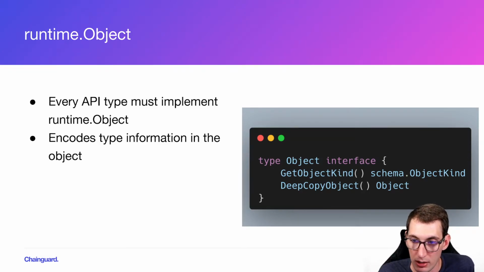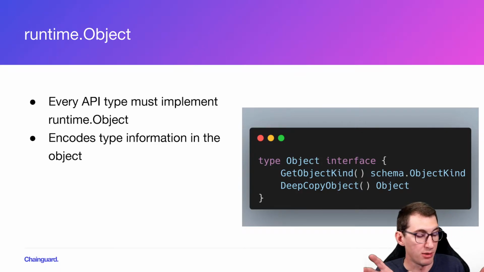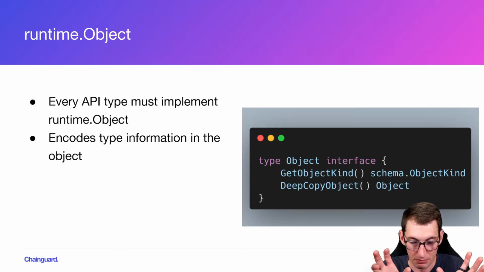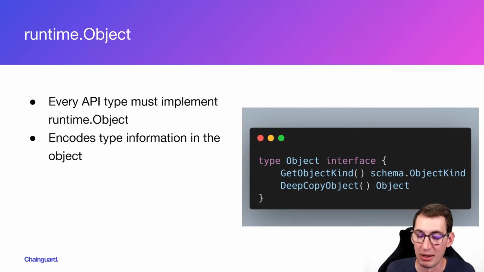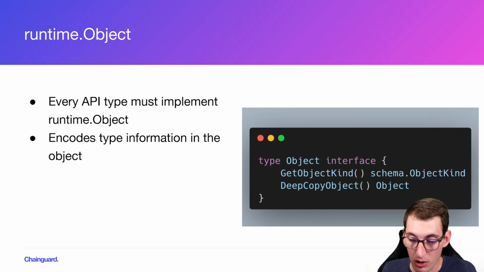So the object knows what its kind is, what its group is, what its version is, all that jazz. And that lets us work with these as generic interface types, because until recently Go didn't have generics. So this was a way of engineering how we can figure out what Go struct we need and what Go struct we have from a generic type.